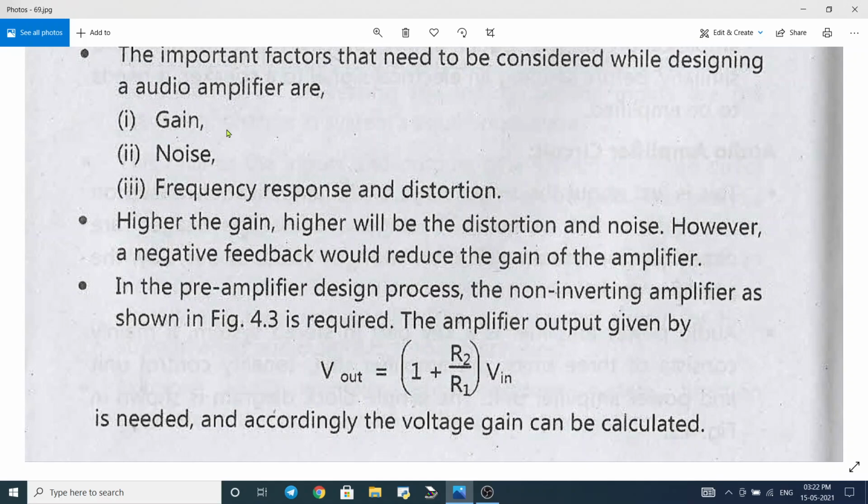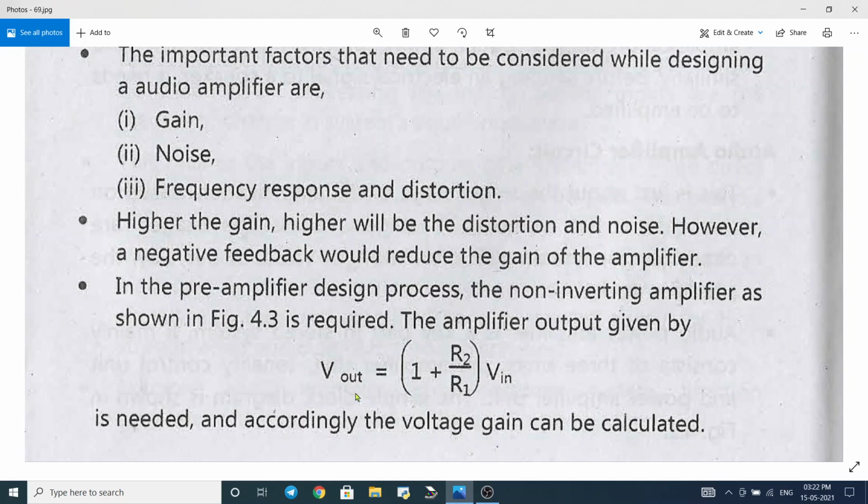Now the gain. If we are using the op-amp in a non-inverting configuration, we can easily design the gain required by selecting the values of resistors R1 and R2. Because we know the equation for output of a non-inverting amplifier.